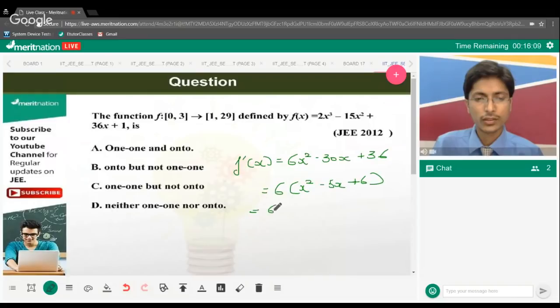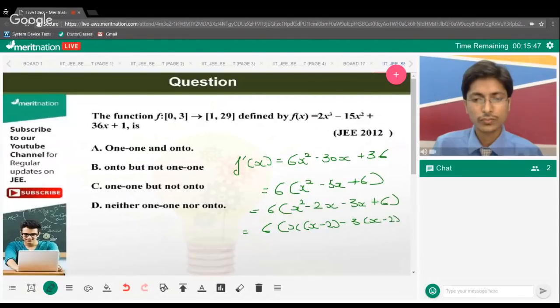So if I do the middle term splitting, that will be x squared minus 2x minus 3x plus 6. Then we have 6 into x into x minus 2 and minus 3 into x minus 2. So we have 6 times x minus 2 into x minus 3.